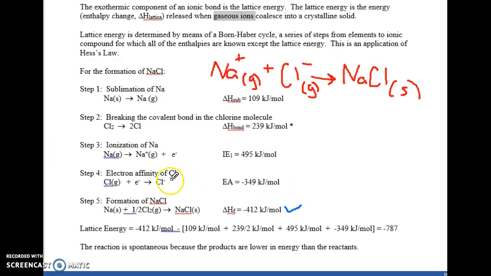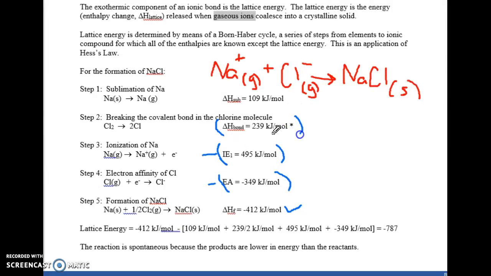The electron affinity is going to have to be reversed because we need the Cl minus. So I've got to reverse that, so I'm just going to put parentheses around the reversal. The ionization energy I also need reversed, so we're going to get those reversed to be negatives. I have to have this one to cancel this one. So the 239 is also going to reverse.